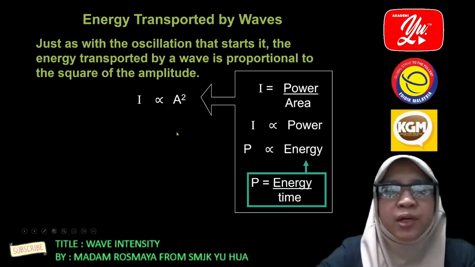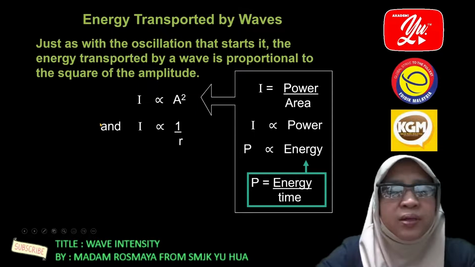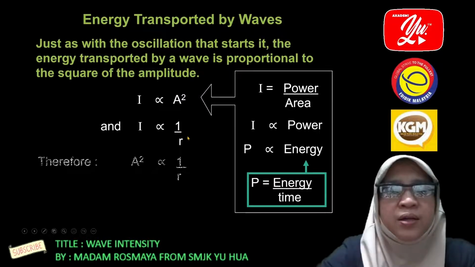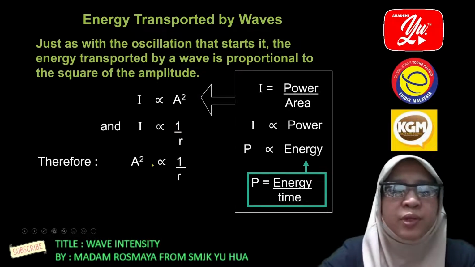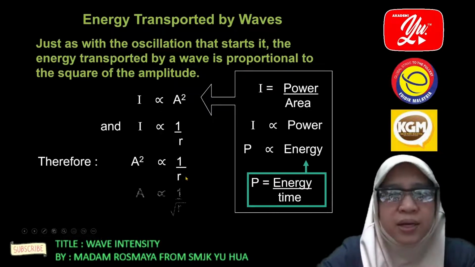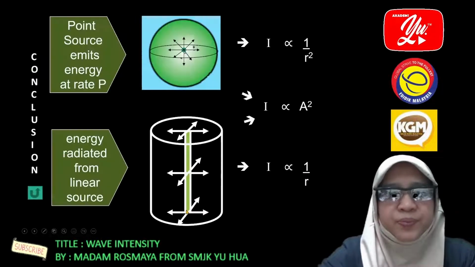Now we relate it with the amplitude squared. Intensity is directly proportional to amplitude squared, and combined with intensity directly proportional to 1 per r, we get amplitude squared directly proportional to 1 per r. Squaring both sides, we get amplitude directly proportional to 1 per square root of r.